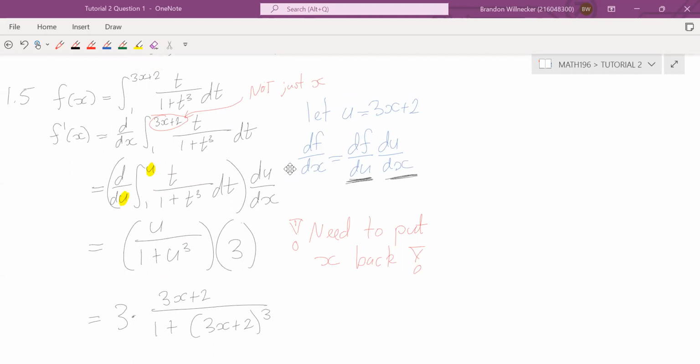No, you have to, because with FTC part 1, remember this derivative here. If it's the derivative with respect to u, this upper bound has to be a single variable. So you can have d by dx and then the integral from 1 to x, or you can have d by du, the integral from 1 to u. But the important thing is that this upper bound has to be a single variable.